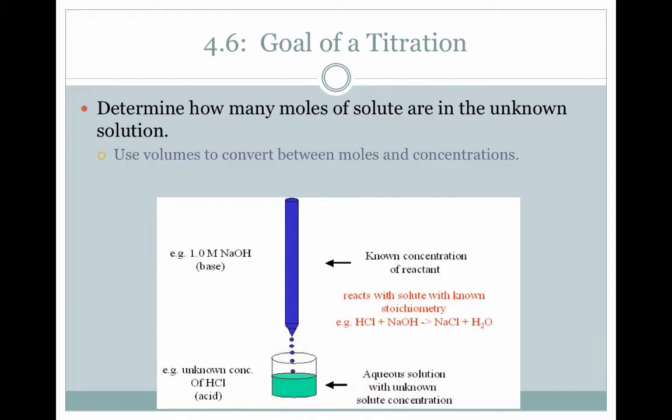This is known as our analyte. We'll add NaOH to HCl until all of the HCl has reacted and there's no more in the solution. From here, we can determine how many moles of NaOH we added, and we know that at the equivalence point of the titration, the moles of NaOH will be equal to the moles of HCl, allowing us to determine the original concentration of the HCl.